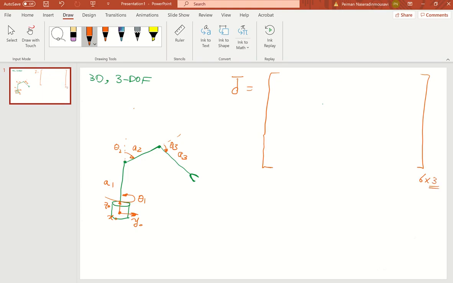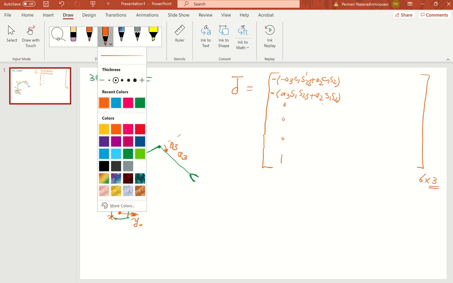So here we got minus a3 cosine 1 s prime 2 3 plus a2 cosine 1 s2, and you know what cosine 1 sine 2 is, I explained. Minus a3 s1 s prime 2 3 plus a2 s1 s2, and here was 0 0 0 1.